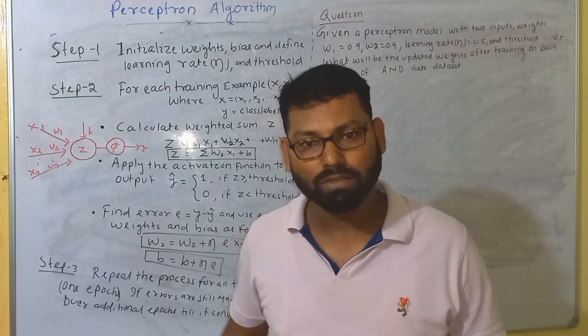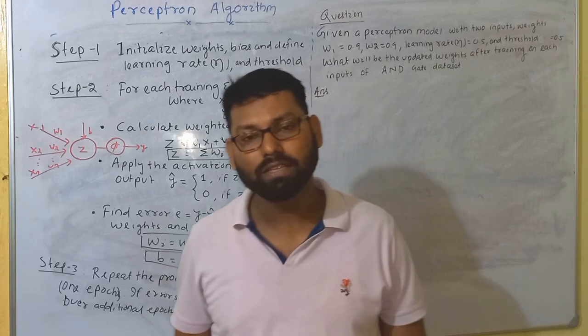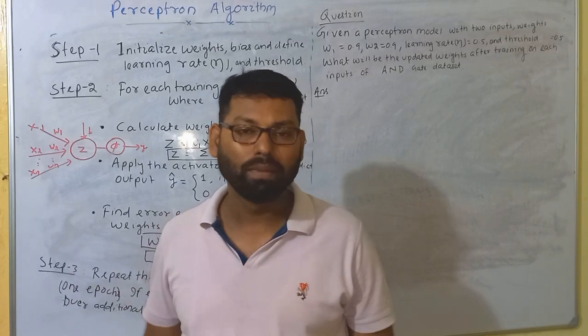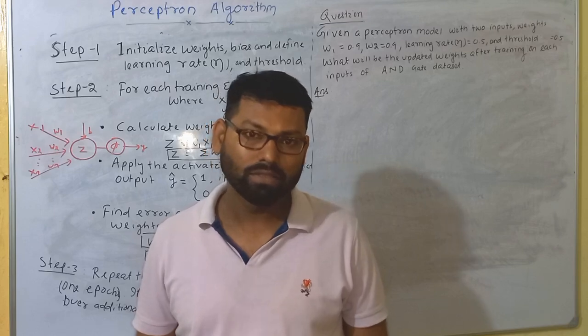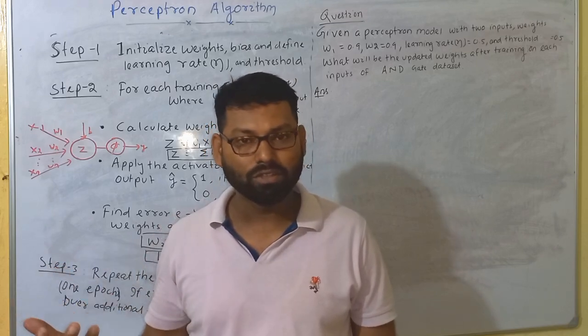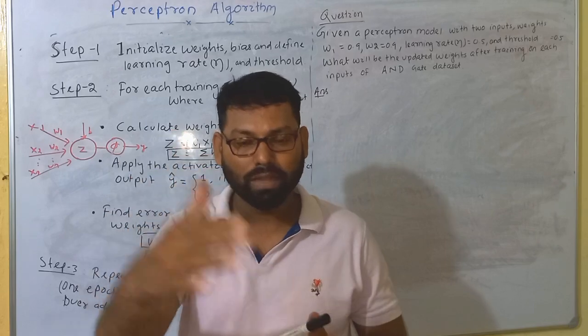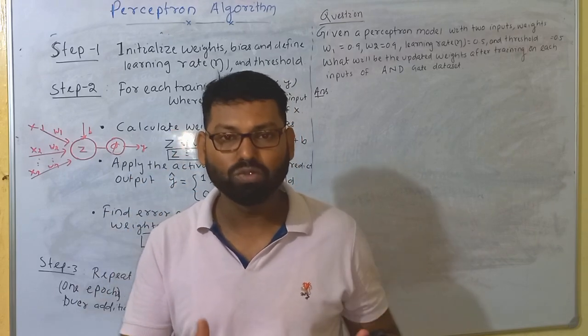If you are a taller person, you can walk 3 steps at a time and go to the temple if the temple is at a higher location. So this is the same manner. If the learning rate is a larger value, the way you are walking, your steps are higher, to reach from the source to the destination.